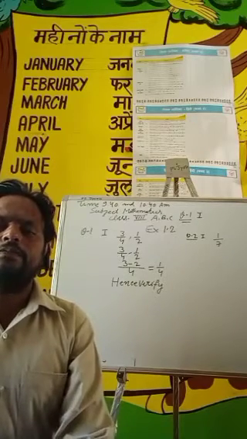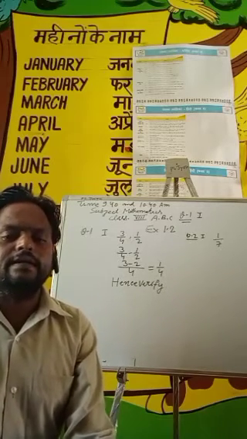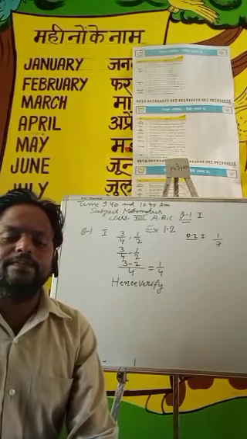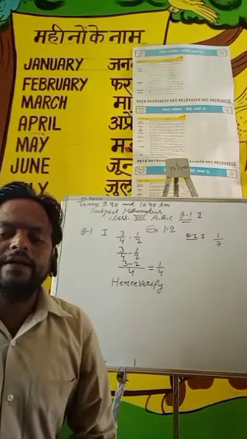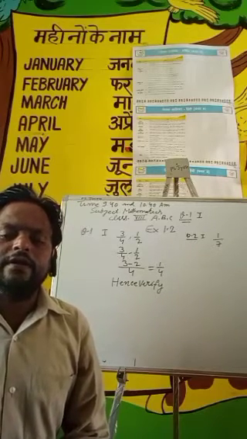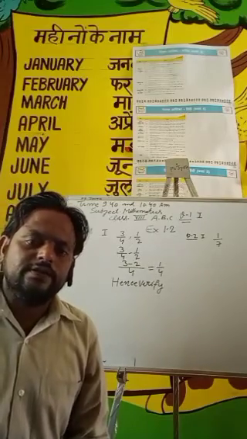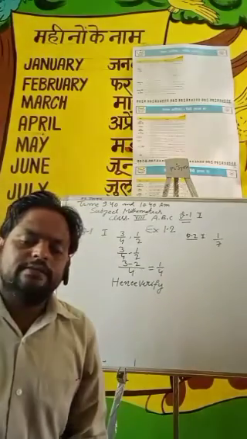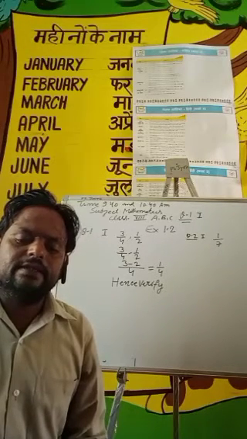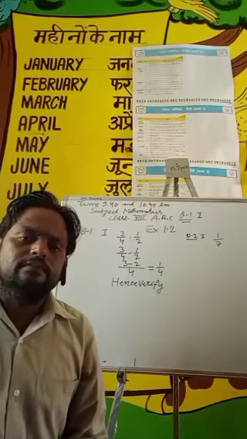The subtraction of two rational numbers is always a rational number. This is the closure property of subtraction for rational numbers. Commutative property: the subtraction of two rational numbers in any order does not give the same result. Associative property: in subtraction, associating any three rational numbers in any group does not give the same result.